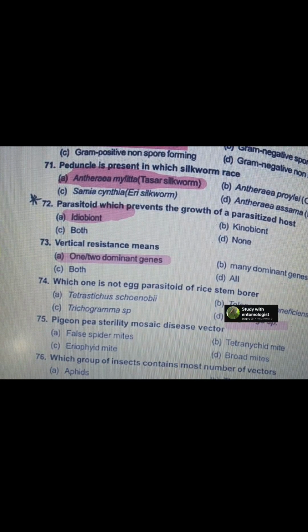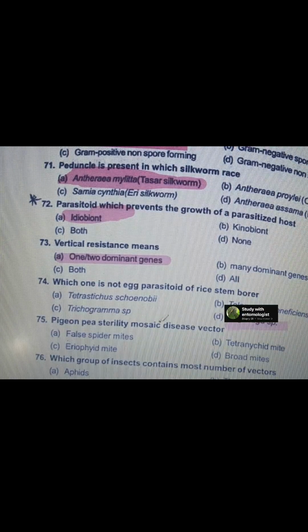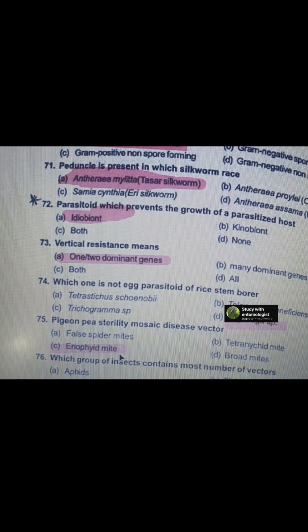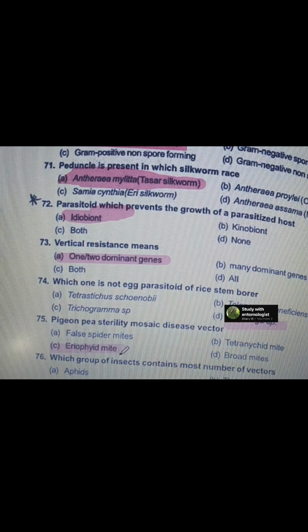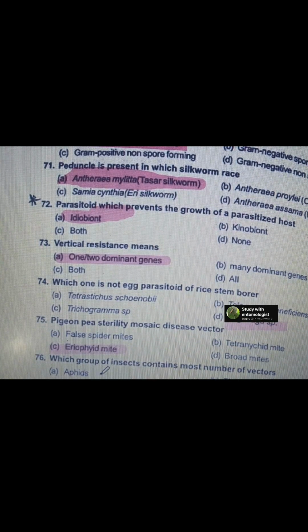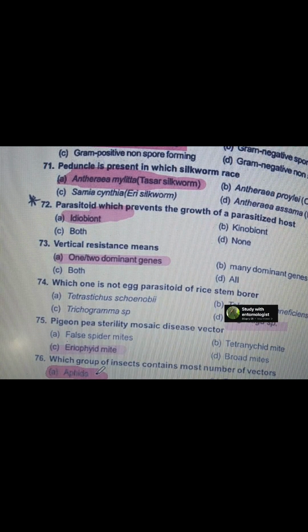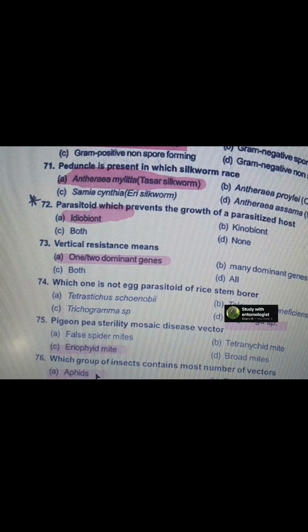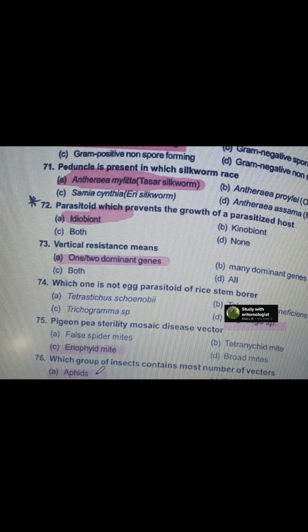Pigeon pea sterility mosaic disease vector is an eriophyid mite, Aceria cajani. Next: which group of insects contains the most vectors? We know in Homoptera, aphids contain the highest number of insect vectors, that is 55% of all vectors.